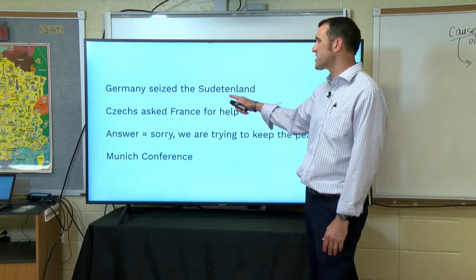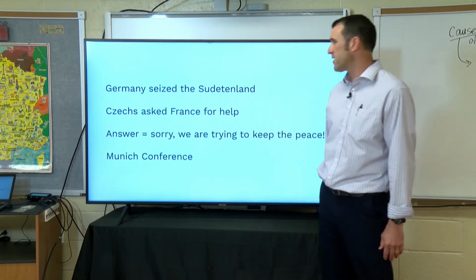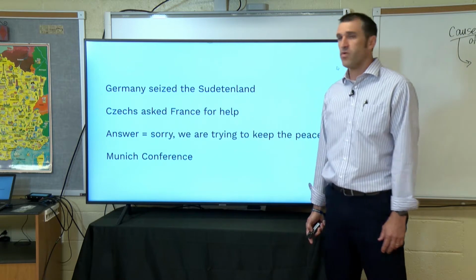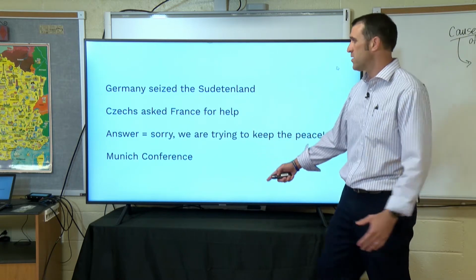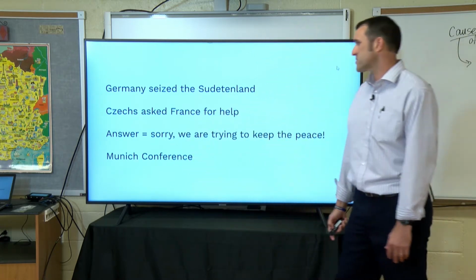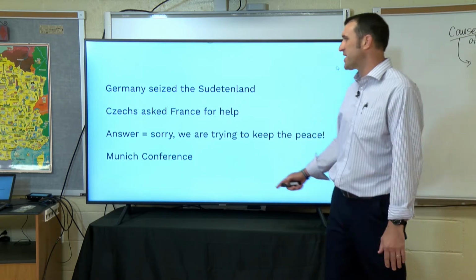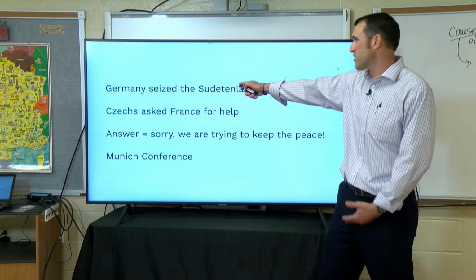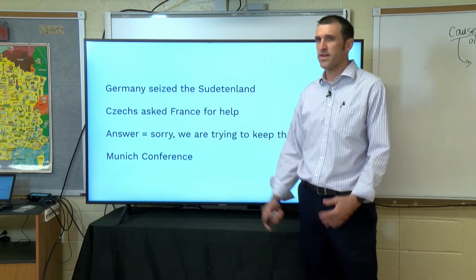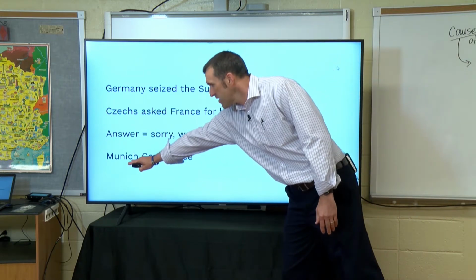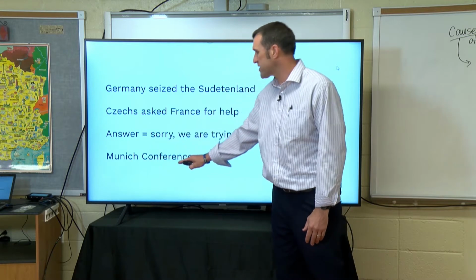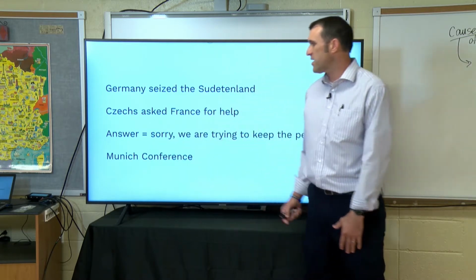Example 3. Germany seized a part of Czechoslovakia called the Sudetenland. Czechs asked France for help: please help us. What did France do? Sorry, we're going to have to try to keep the peace, and if it costs a little bit of land in Czechoslovakia, we're willing to give that up. Some of the leaders of Great Britain, France, and Germany met at the Munich conference.